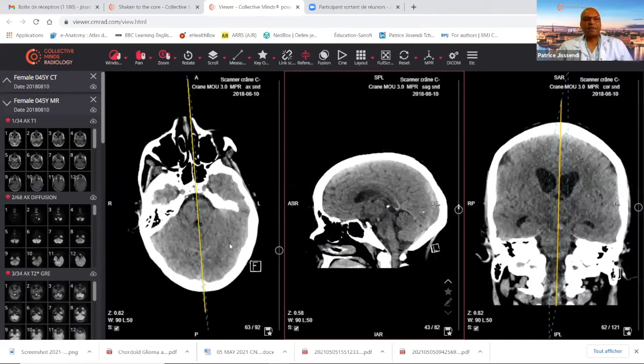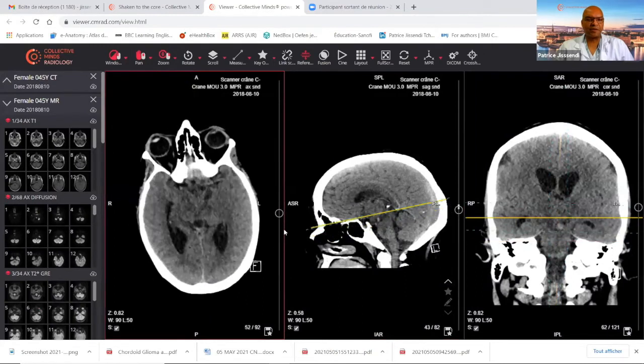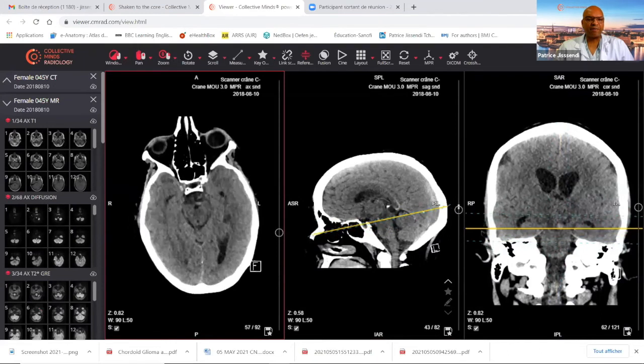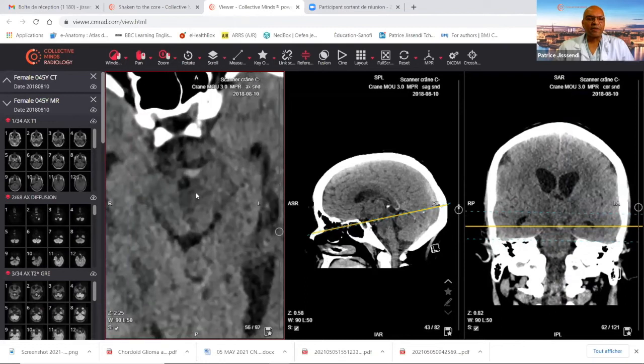So these are images obtained from the non-enhanced head CT, with sagittal reformatted images and coronal images. So let's go straight to the point. In the posterior fossa, nothing was found except this area of spontaneous hyperdensity, which was thought to be some focal hemorrhage.